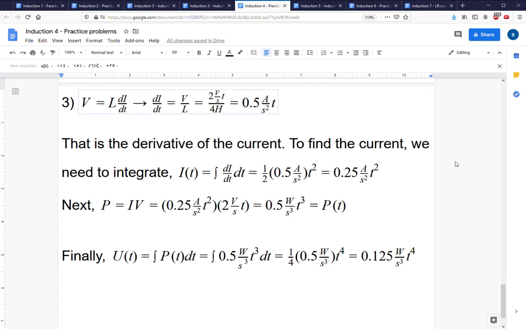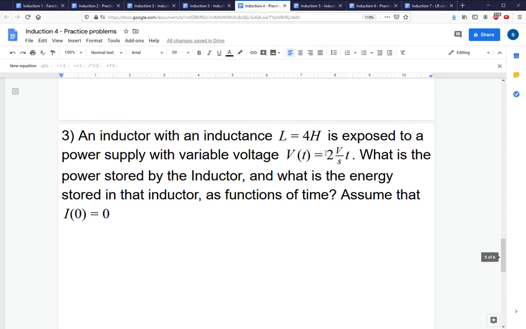So power is equal to current times voltage. Current we just found was 0.25 amperes per second squared t squared. And voltage, pardon me, was 2 volts per second times time.